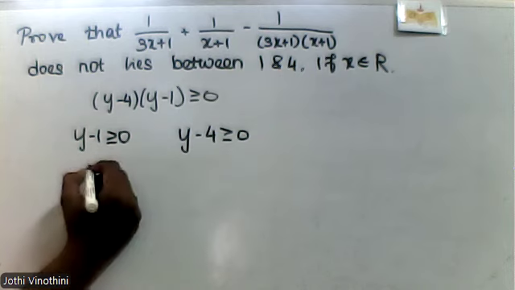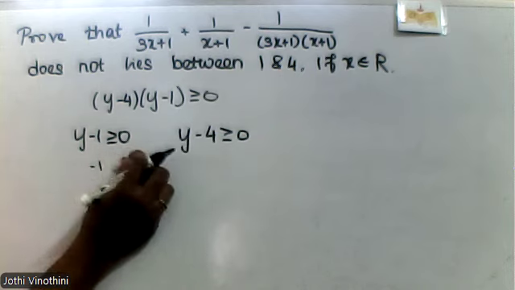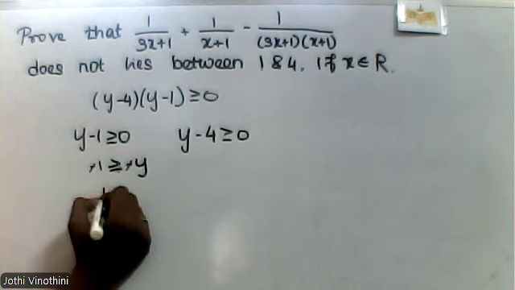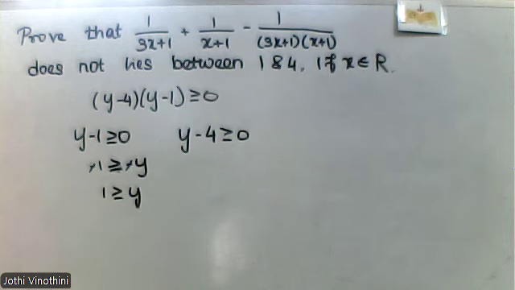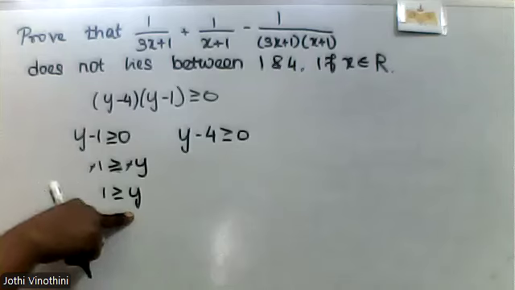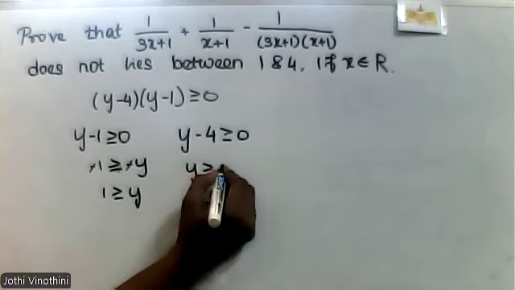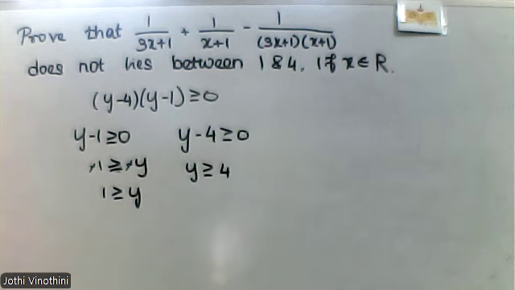Okay, so what I am going to do now is move this y to this side, so it becomes minus y. So what do we find? y must be less than 1. See here, I am going to take this to the other side. So what do we get? y must be greater than 4.